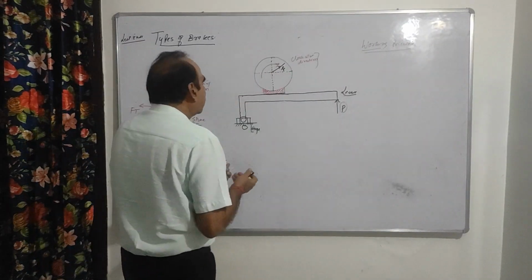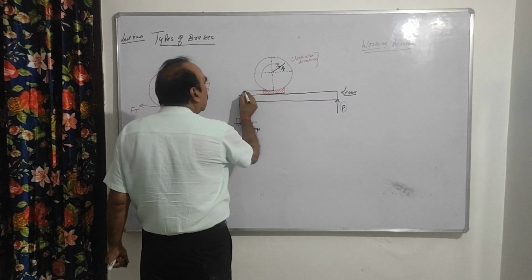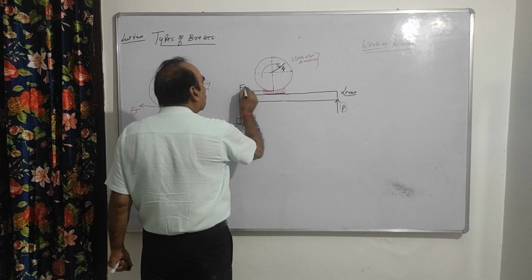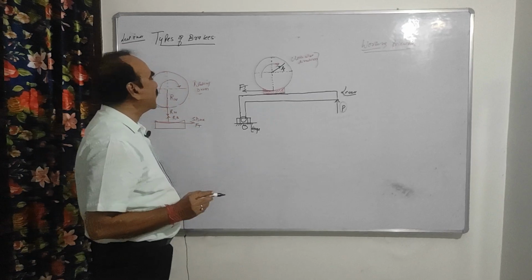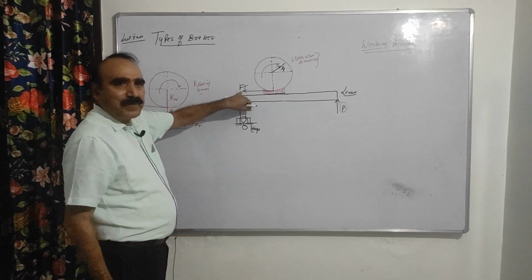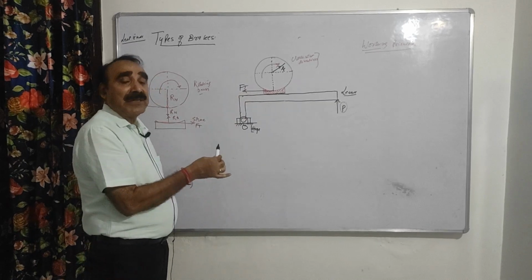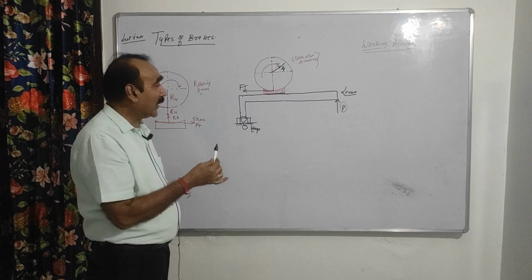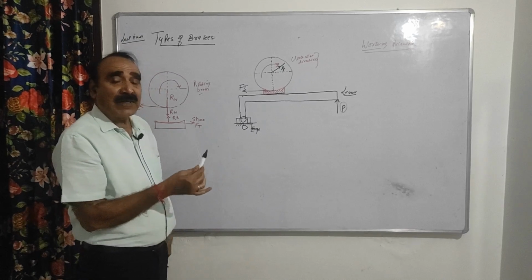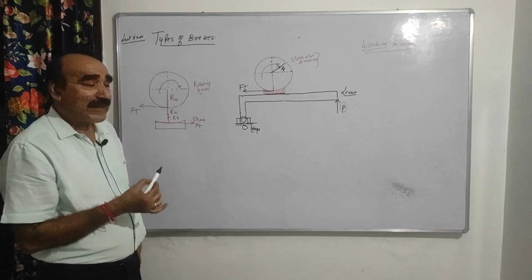So the frictional force is Ft. This is in the opposite direction of the rotation, and this frictional force will produce a torque at the center, and that torque will stop the rotation of the drum. That is called the braking torque.